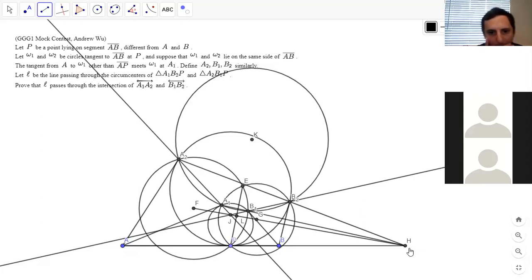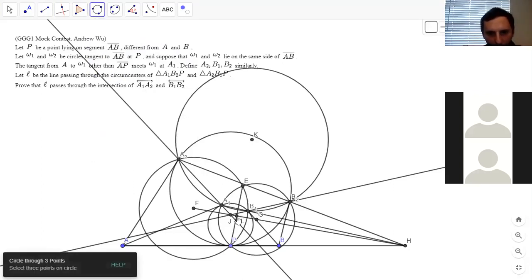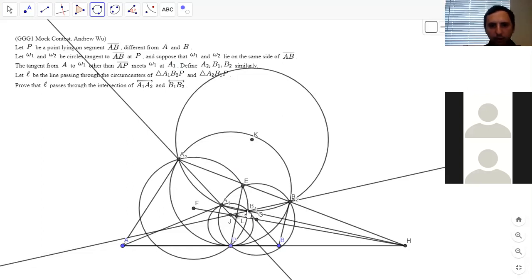So if L was the Miquel point, then we would have a couple of cyclic quadrilaterals, I think.